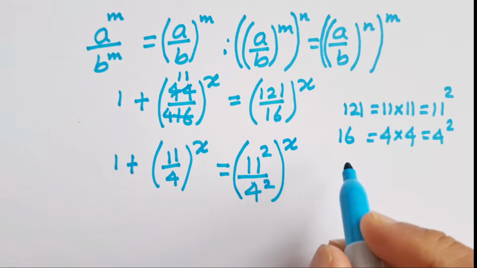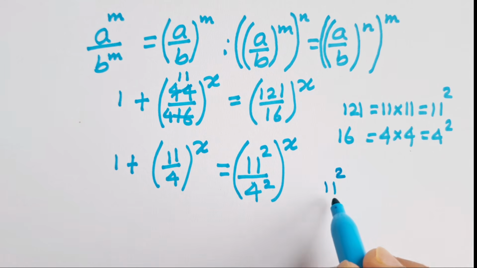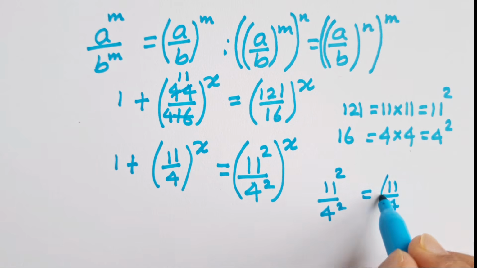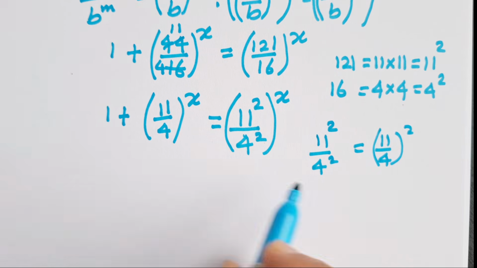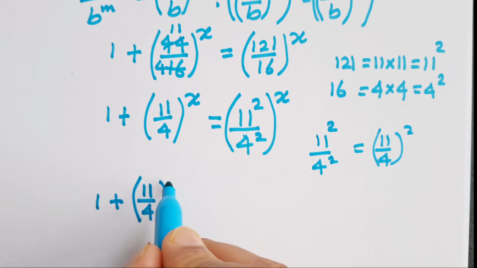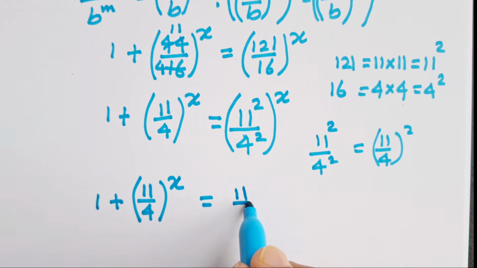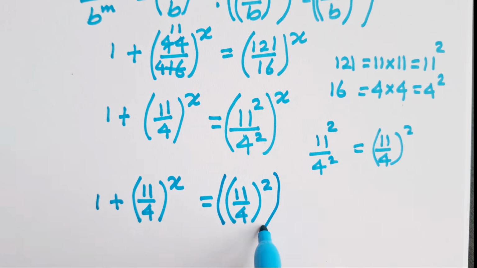Now in the next step, I can apply the exponential rules again, which I explained earlier, because 11 squared over 4 squared can be written as 11 over 4 whole to the power of 2. Now we have 1 plus 11 over 4 whole to the power of x is equal to 11 over 4 whole to the power of 2 raised to the power of x.